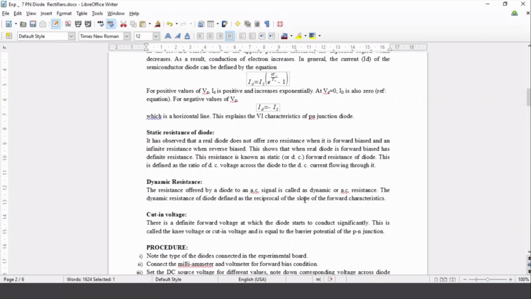Again, there is a specific way of deriving the value of this dynamic resistance, because it is the resistance offered to the AC signal. That opposition offered by this diode is known as the dynamic resistance. So we can understand this to be the reciprocal of the slope of the forward characteristics, the one which I have shown here.